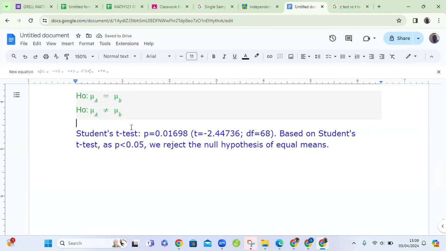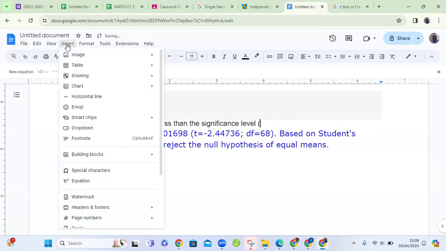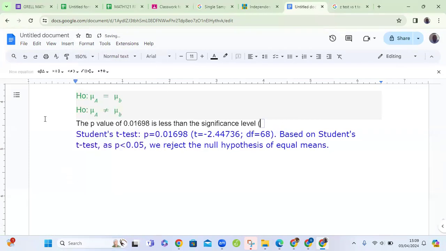And the p-value is less than 0.05. The p-value of 0.01698 is less than the significance level alpha, which is equal to 0.05.